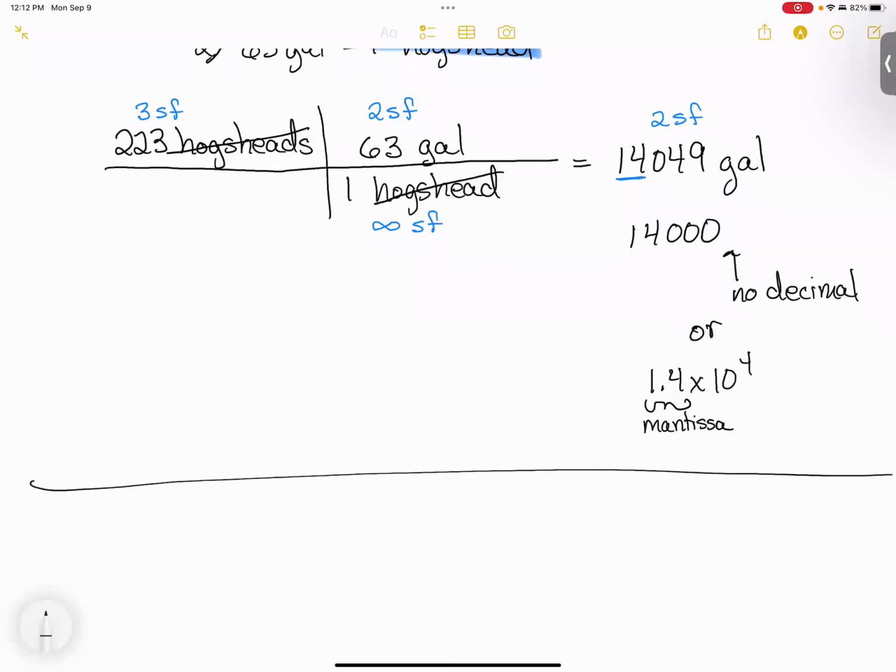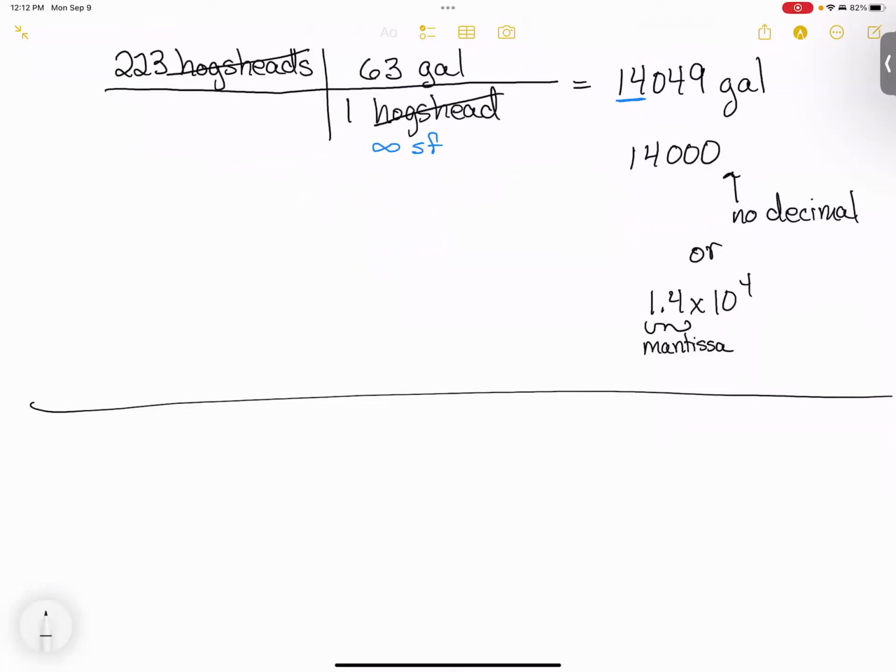Let's look at another example. How many milliliters are in 2.3 liters?